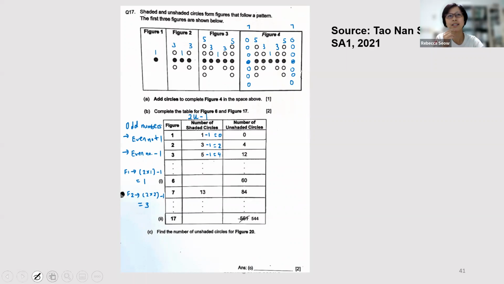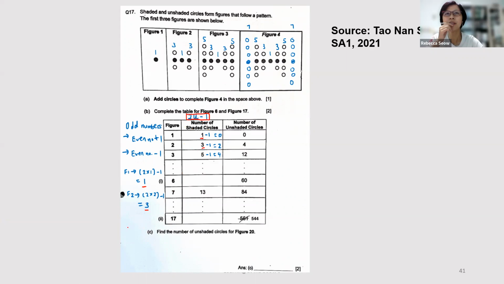And you realize that the numbers 1 and 3 here actually correspond to the 1 and 3 given in the rows. So 2u take away 1 is actually the general form of the pattern for the number of shaded circles.